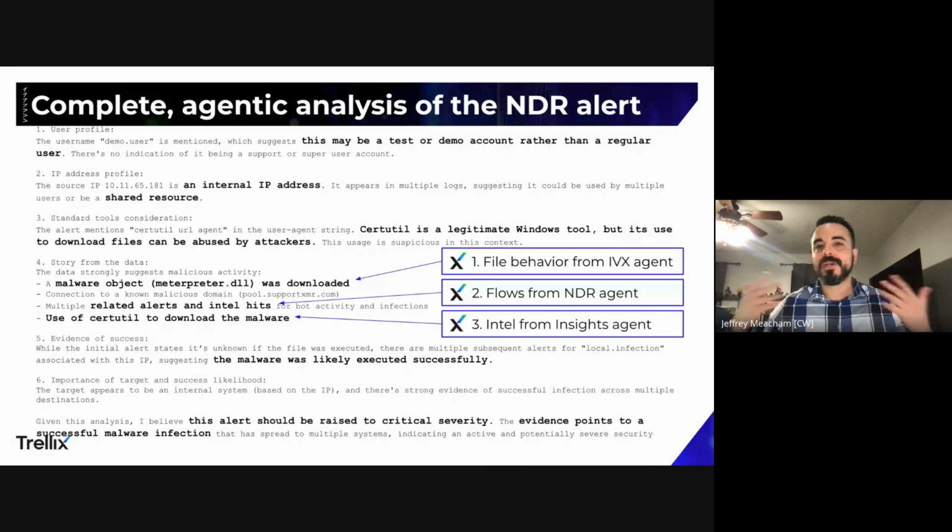The result, well, hey, Trellix actually recommends raising that severity to critical. And it's backed by data from across the entire environment. And really, that is the power of Trellix: automation, explainable decisions drawn from a wide range of sources, surfaced as a single cohesive analysis.